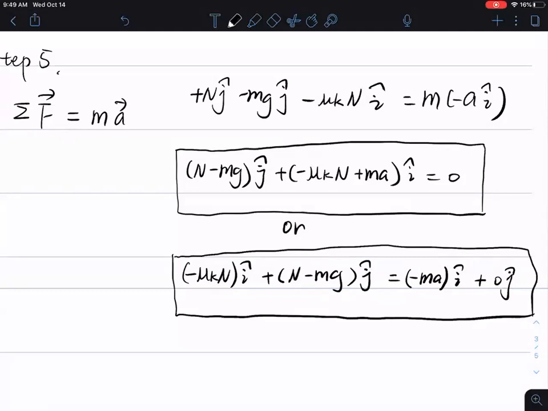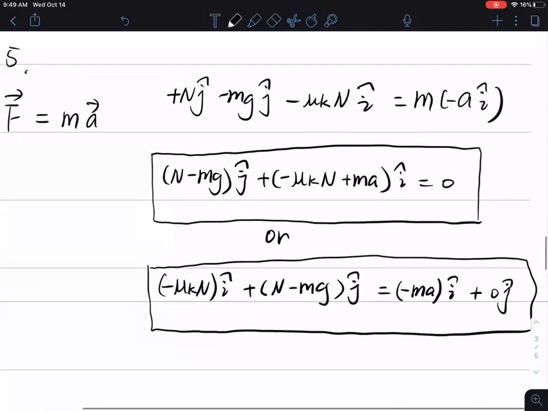Here I have two different ways you can do this. If you look at the first box here, I simply put everything into the left-hand side of the equation. Then I combine all the j terms and all the i terms, and make this equation equal to 0 because I simply moved the right-hand side to the left-hand side.